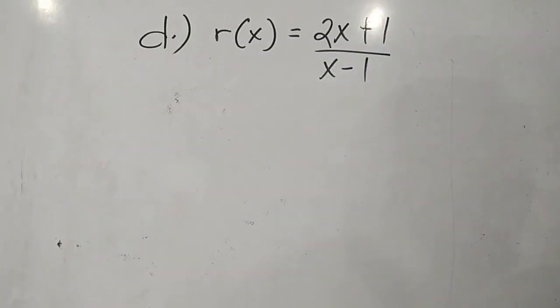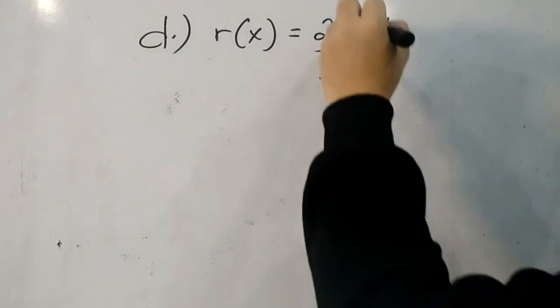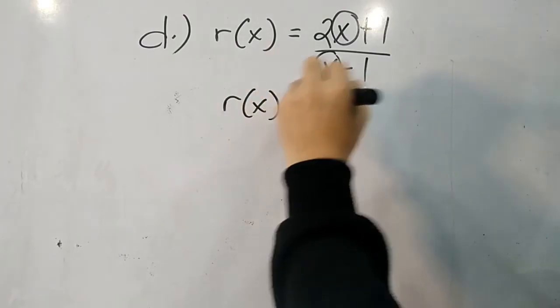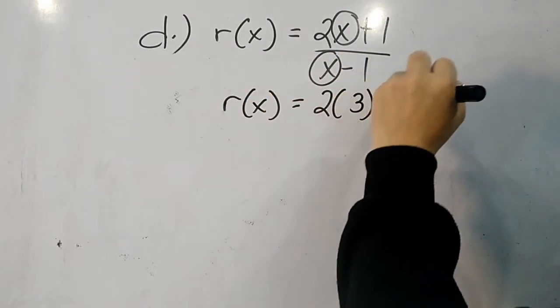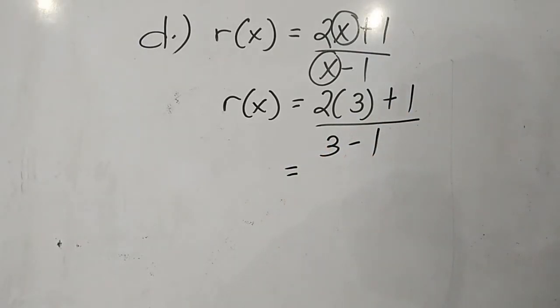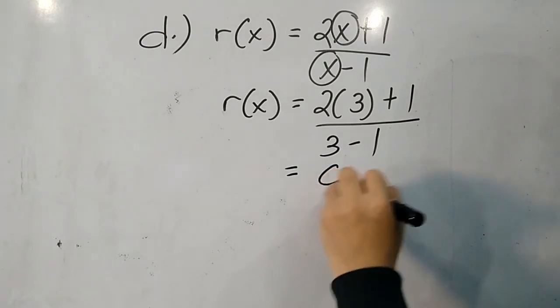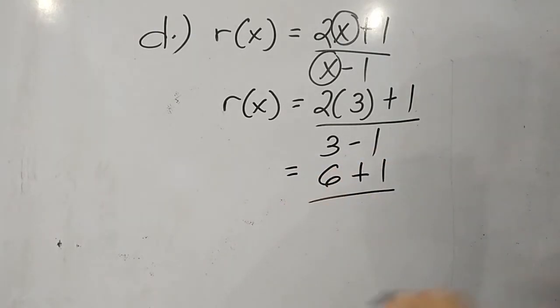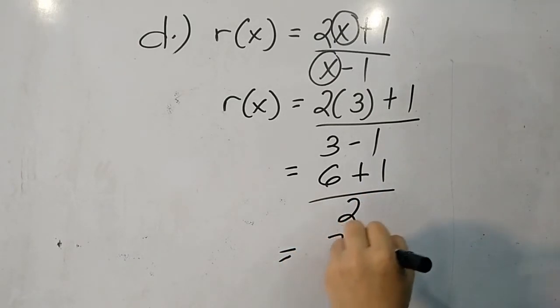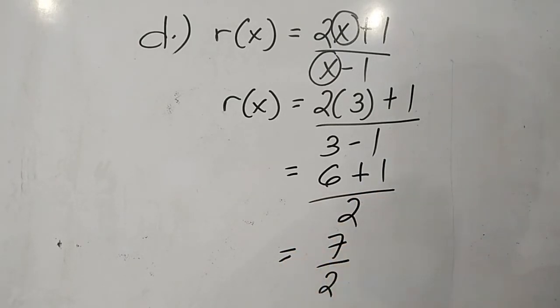Now we have r of x is equal to 2x plus 1 over x minus 1. Same procedure, palitan po natin yung x ng 3. And that gives us r of x is equal to 2 times 3 plus 1 over 3 minus 1. Solve po muna natin yung numerator and then the denominator. 2 times 3 is 6 plus 1 over 3 minus 1 is equal to 2. 6 plus 1 is 7 and then copy the denominator, 2.